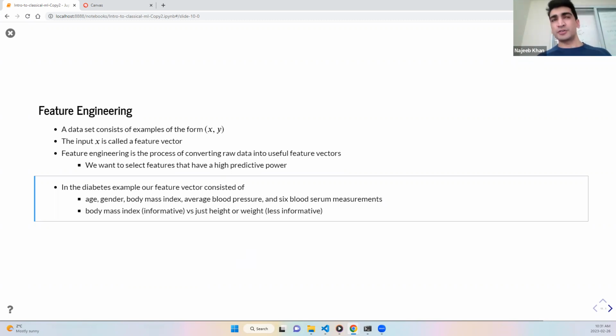People come in all sorts of heights and weights. Someone might be really lean and still have a really large weight, so that doesn't reflect health, but BMI is slightly more useful and informative. So picking the right features out of raw data is feature engineering.